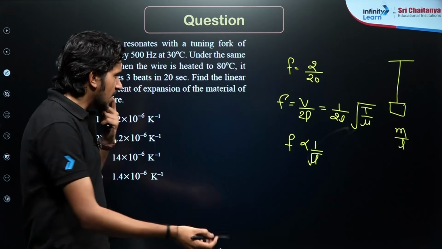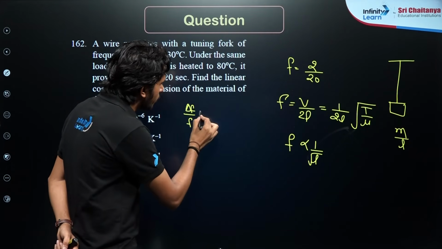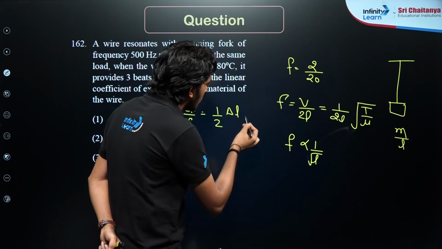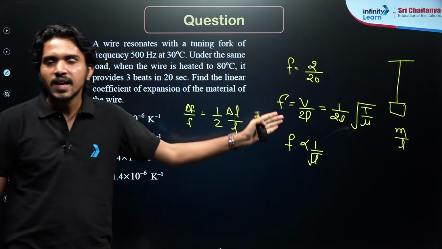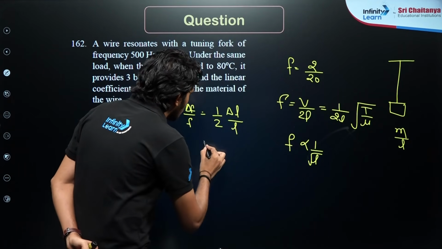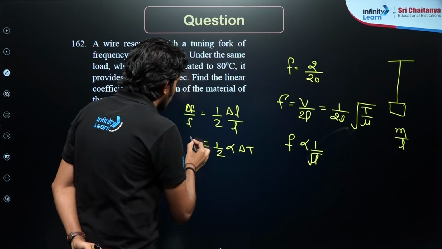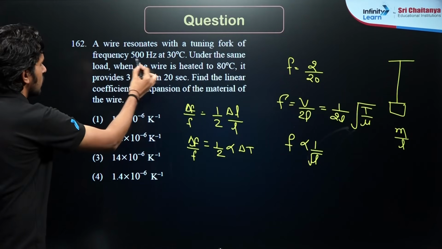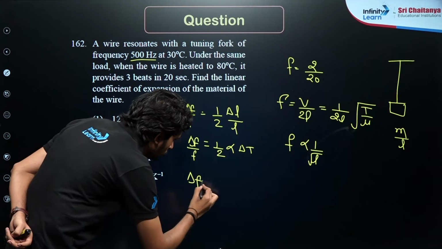So can I say that delta f by f will be half of delta L by L, and delta L by L is alpha delta T. So this could be written as half of alpha delta T. Now that is the change of frequency, and the initial frequency is given as 500 Hertz. So could you find the value of delta f? So delta f would be what?